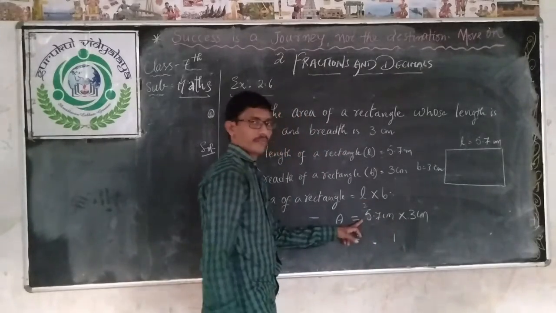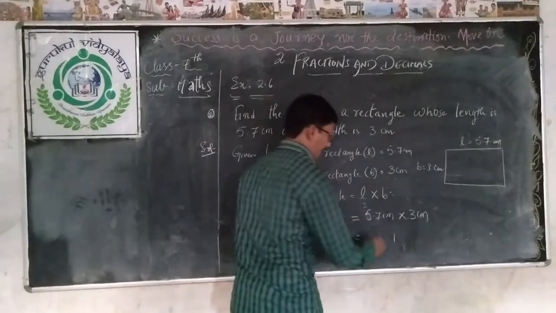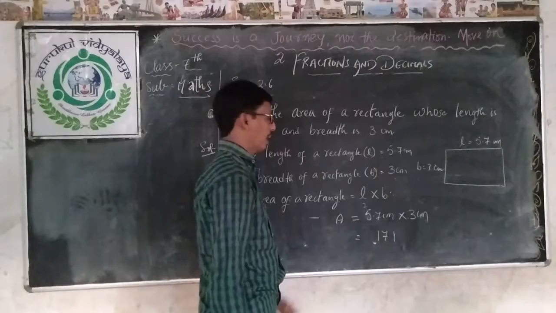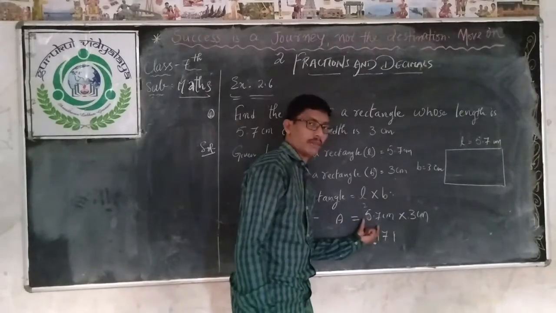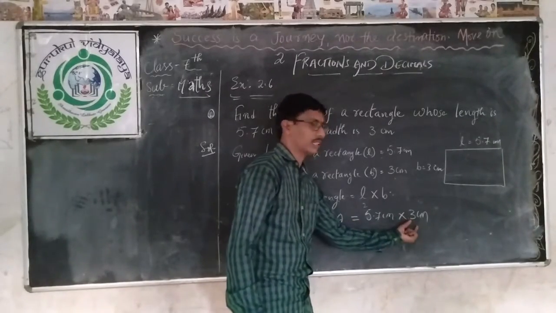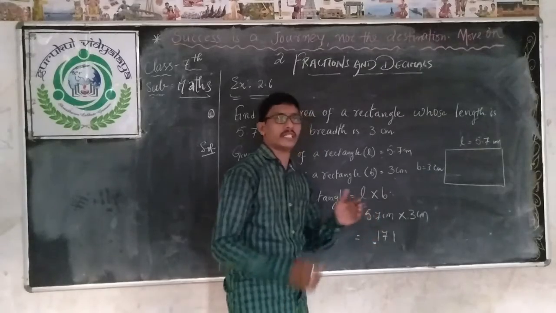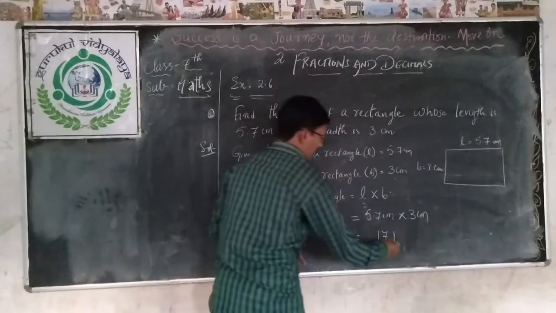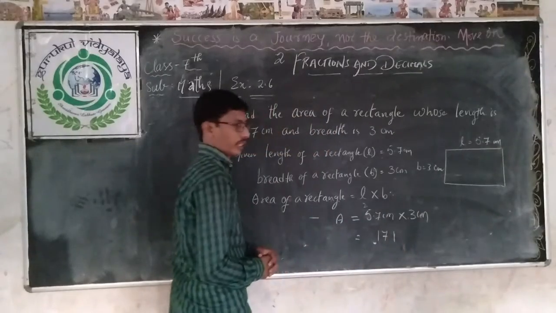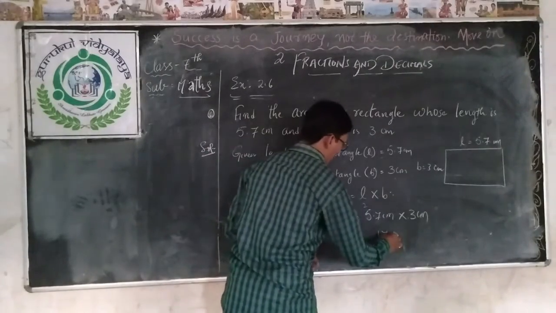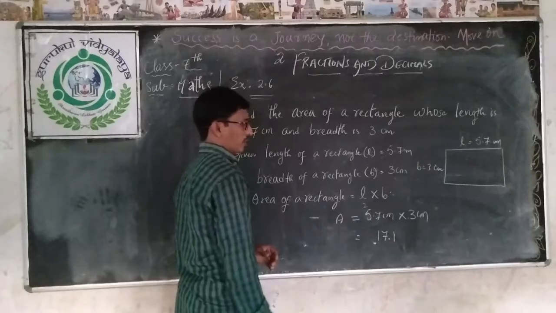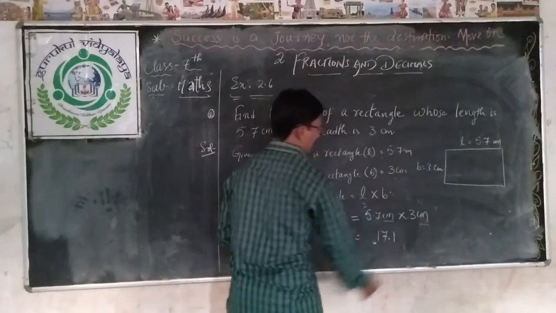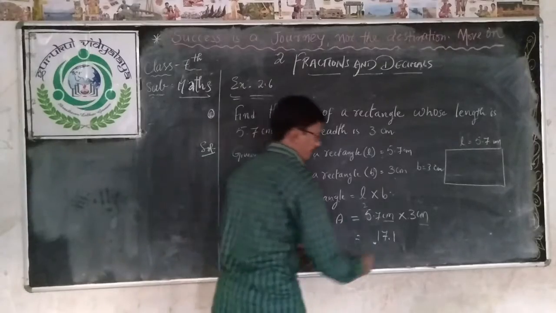Again 3 fives are 15, 15 plus 2 is 17. Totally we get 171. But 5.7 is a decimal number and 3 is a whole number. From right to left, only one digit after the point is there, so in the result also keep one digit after the point: 17.1. Now what will the units be? Units also should be multiplied: centimeters into centimeters, square centimeters.